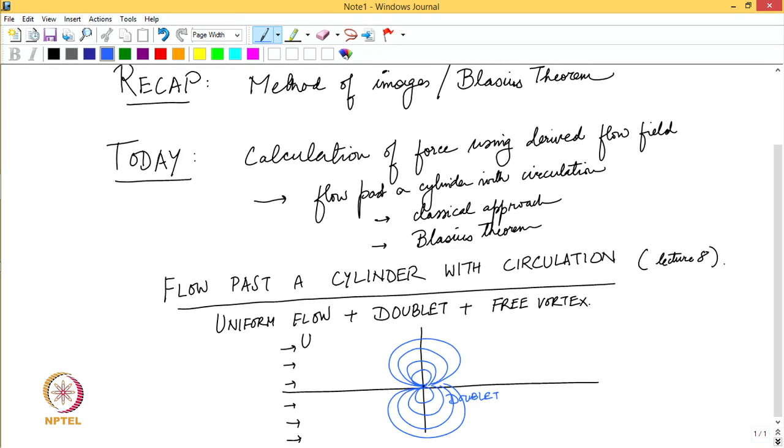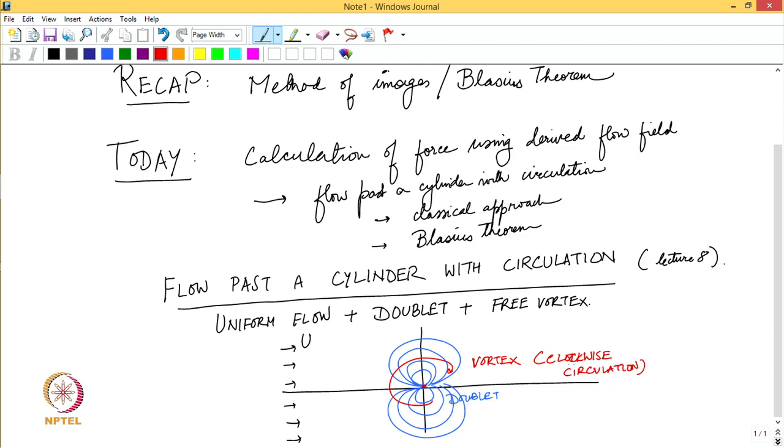All right, and then we also had a free vortex, but this was a very special free vortex. This was a free vortex which had a clockwise circulation. So, we had a free vortex which was also centered at the origin, but with a clockwise circulation.